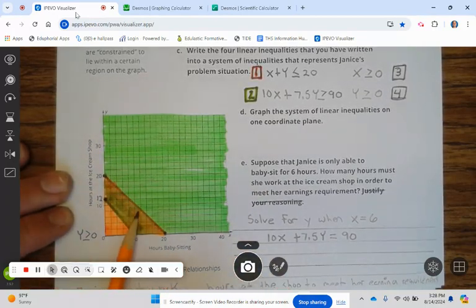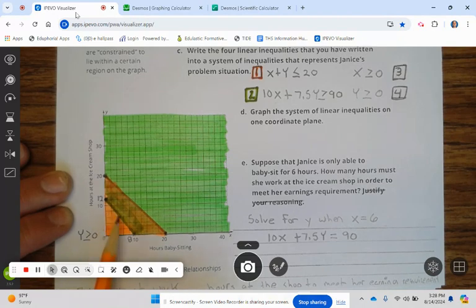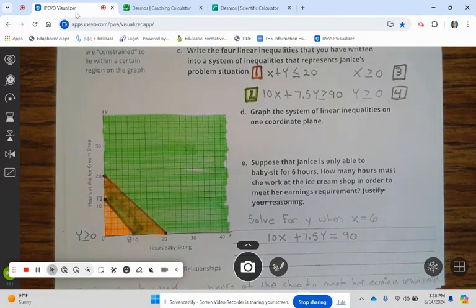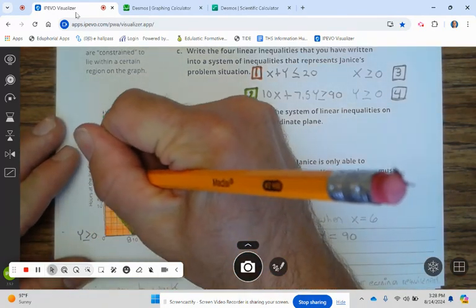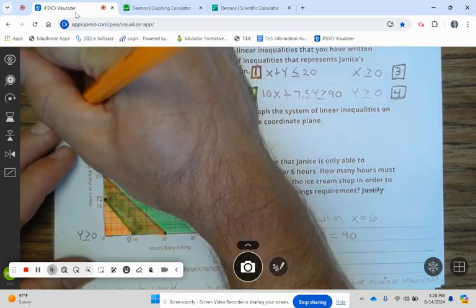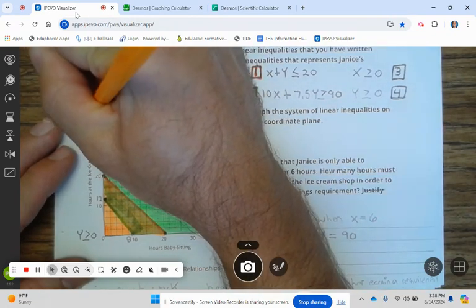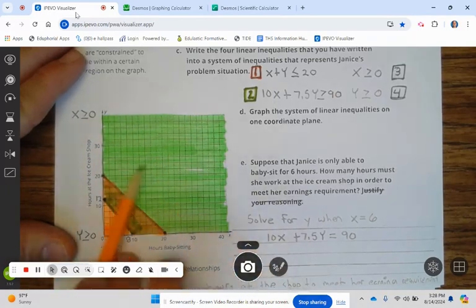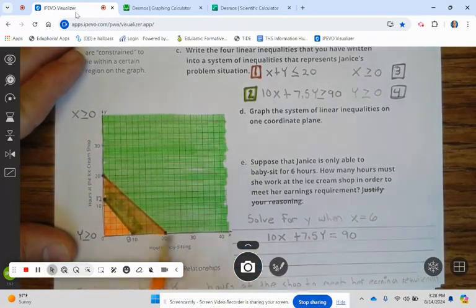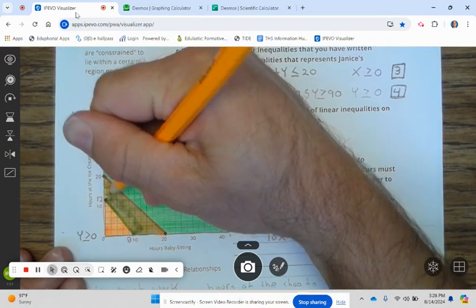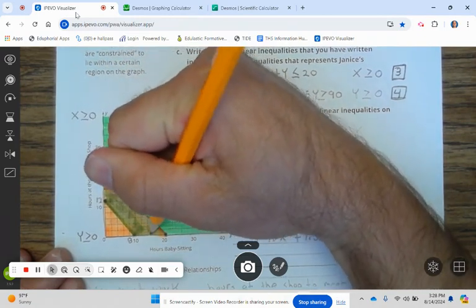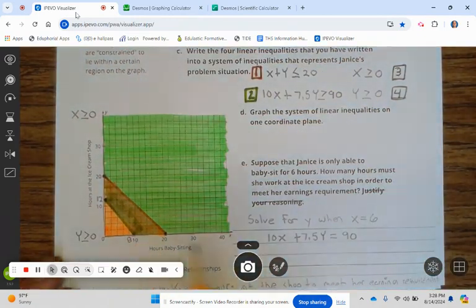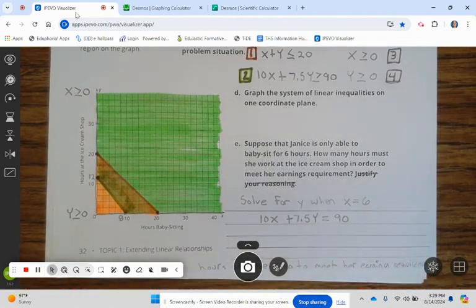And this is getting darker. So still our solution. And then our overlapping region is this piece right here. And that's our solution. All right, go ahead and finish up the graph.